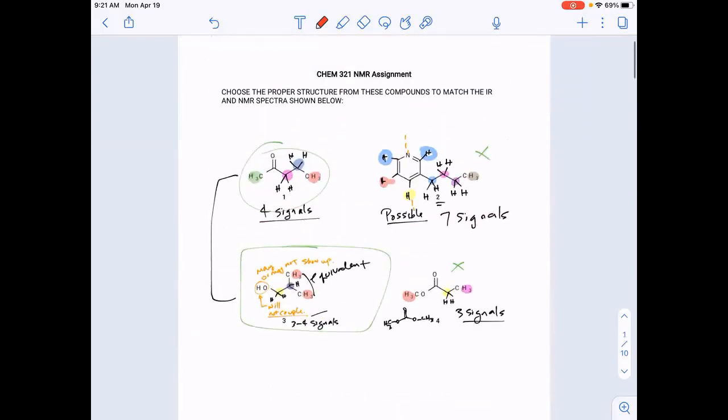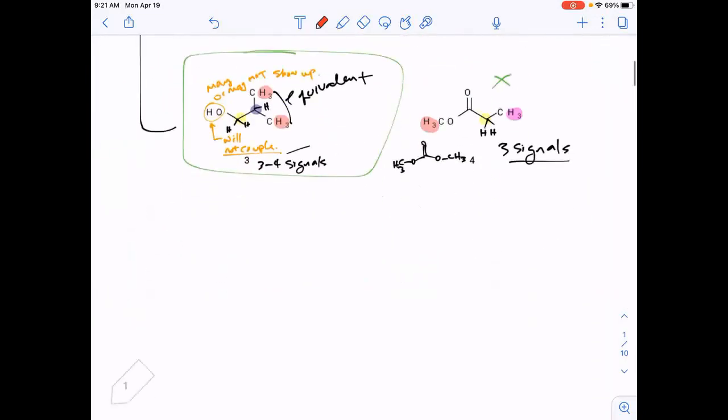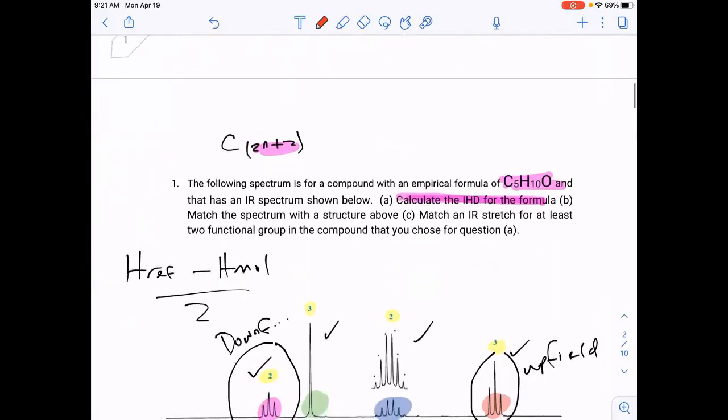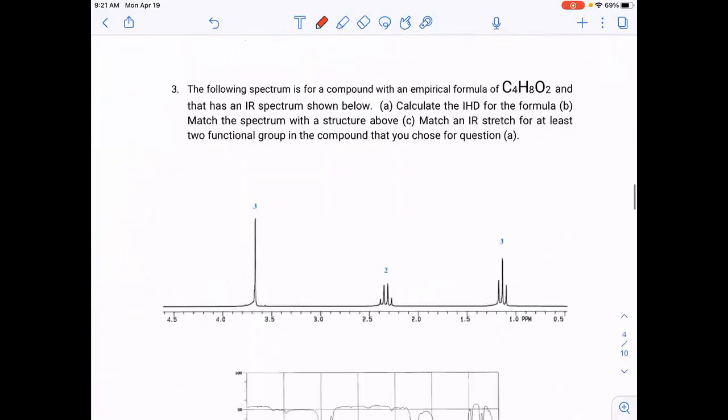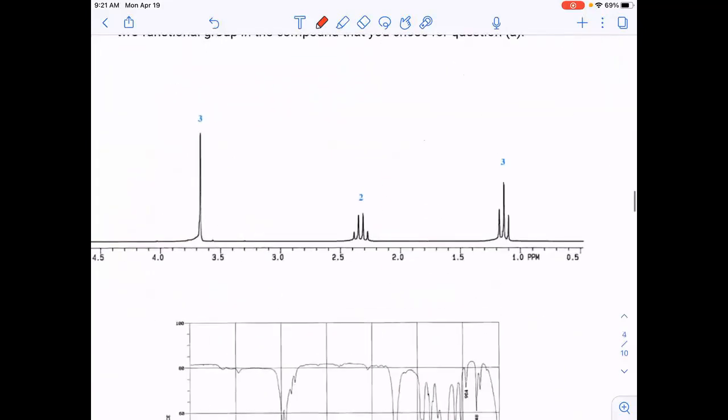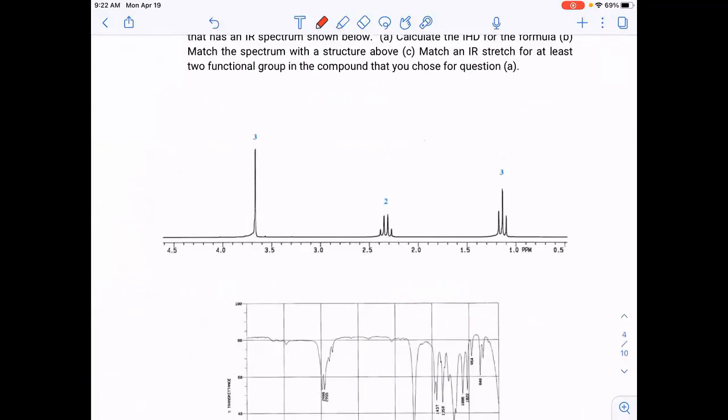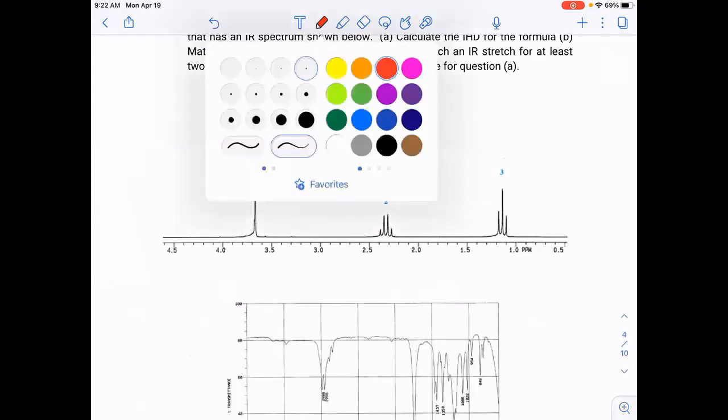We only got one, so we already did. No, actually we did. We got two left to do. So let's look at the next spectrum and see what we got. We only got one compound up there that has 3 signals, and it was this one.